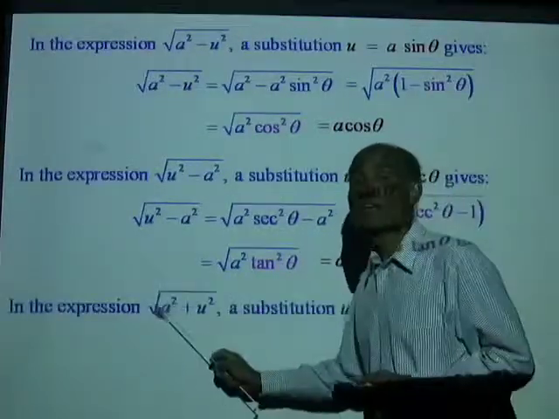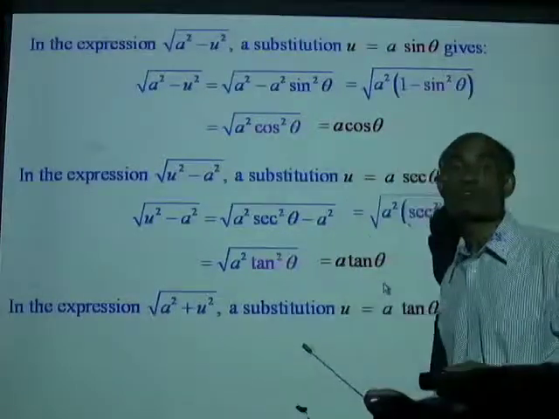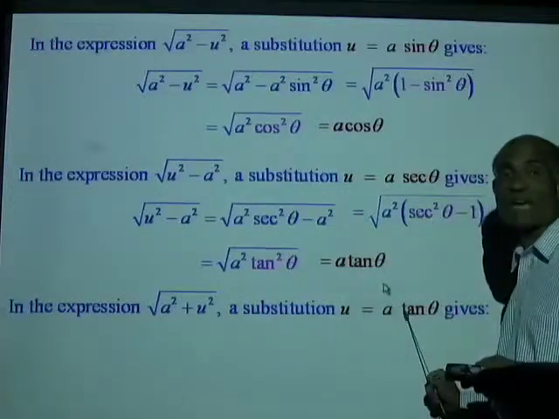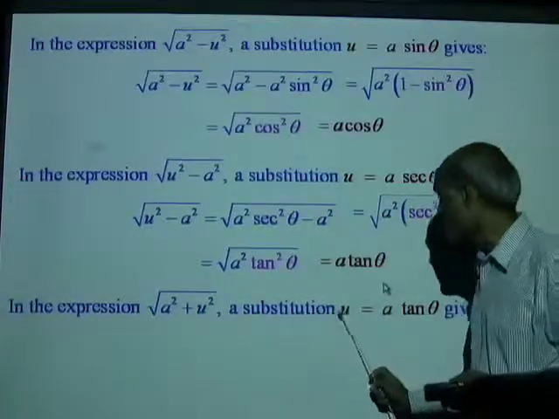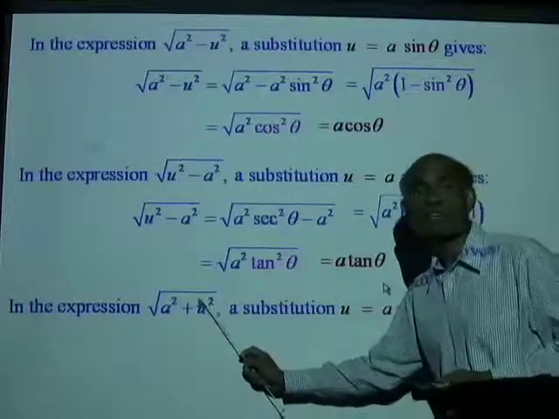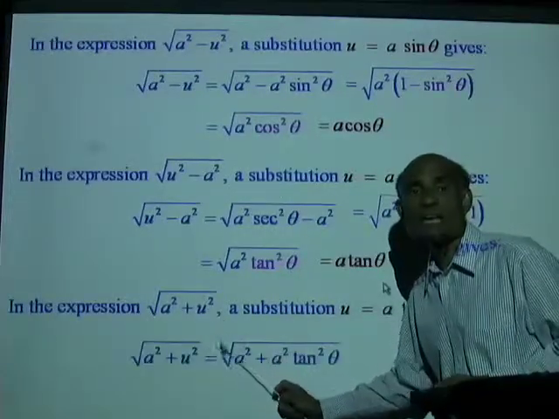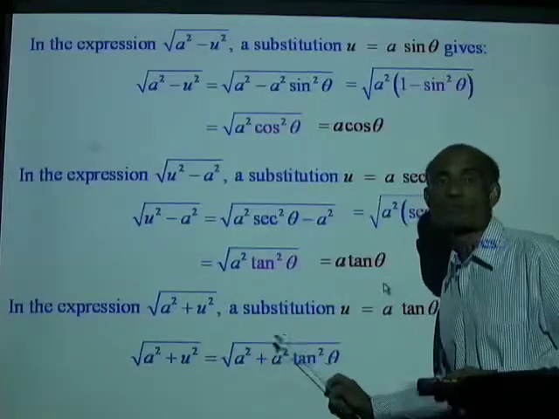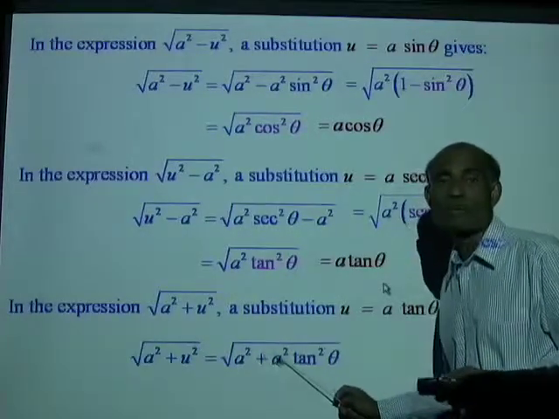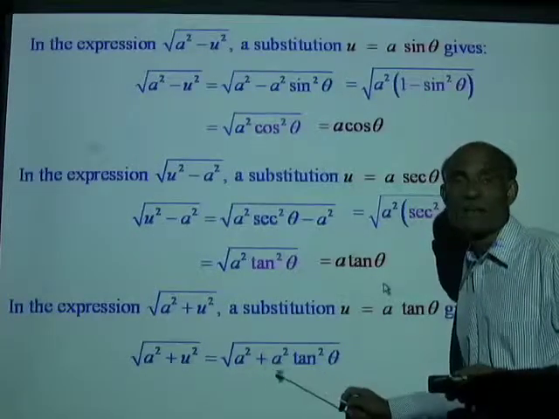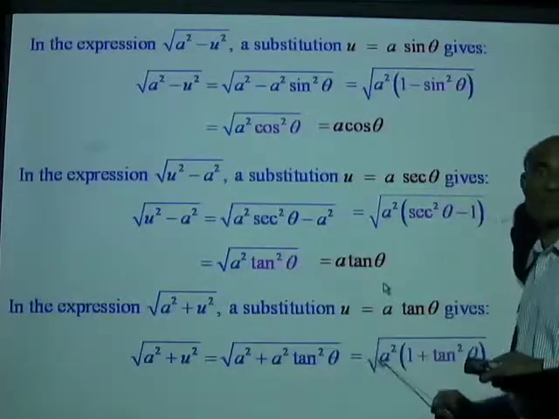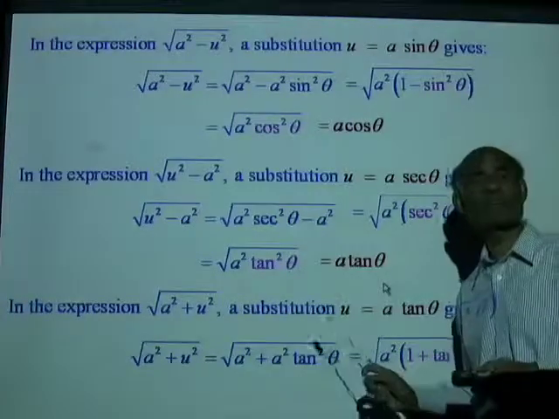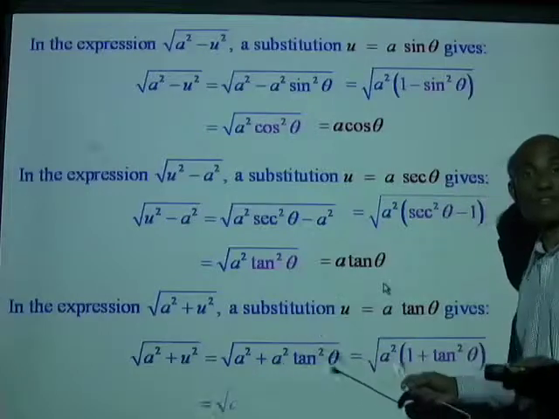And finally, in the expression square root of a squared plus u squared, we substitute u equal to a tan theta. When u equal to a tan theta, u squared will be a squared tan squared theta. That becomes square root of a squared plus a squared tan squared theta, and a squared is factored out, and then replace 1 plus tan squared theta by secant squared theta.